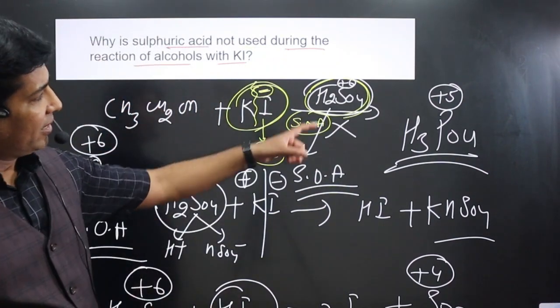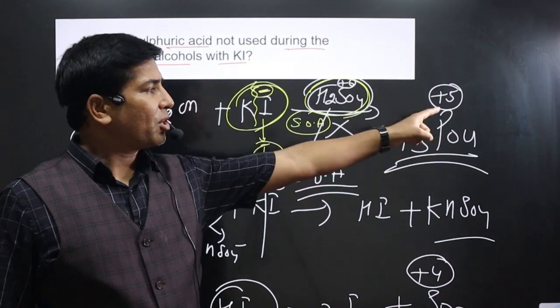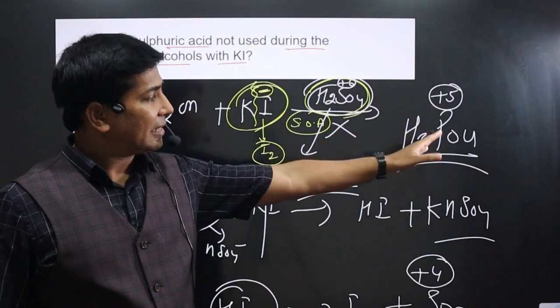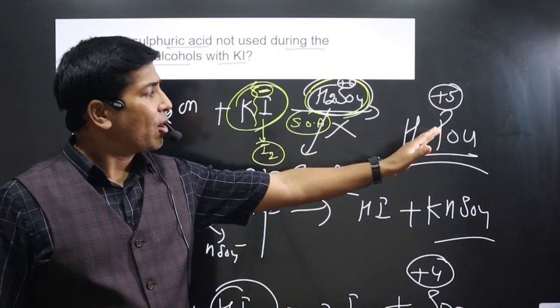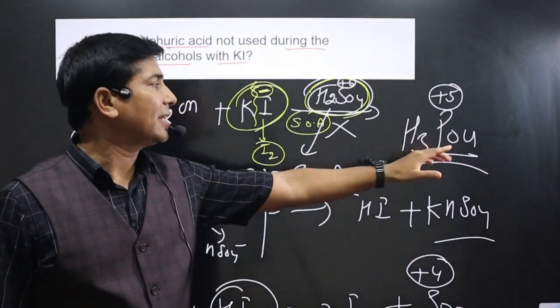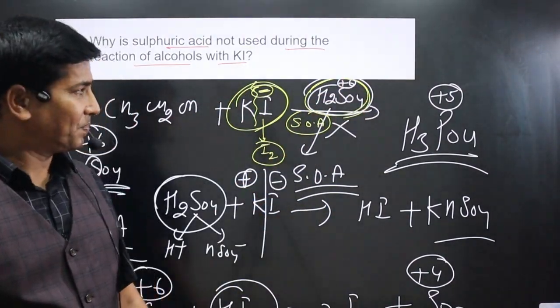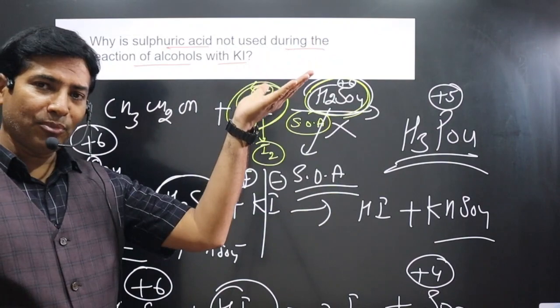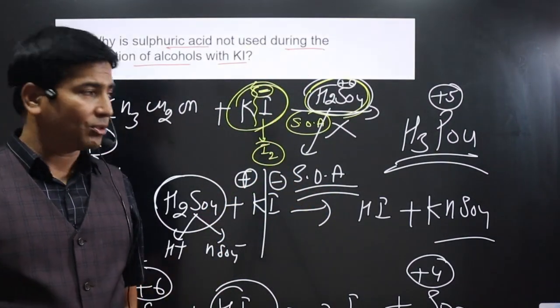If you compare sulfur at plus 6 with phosphorus at plus 5, since it has a lower oxidation number, it is a weaker oxidizing agent in comparison to H2SO4. So as the oxidation number of the central element in a compound increases, its oxidizing character also increases.